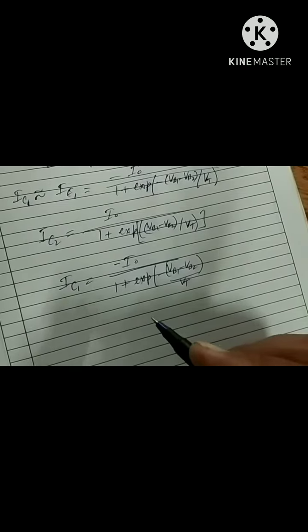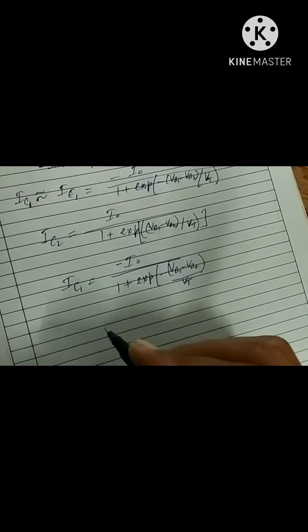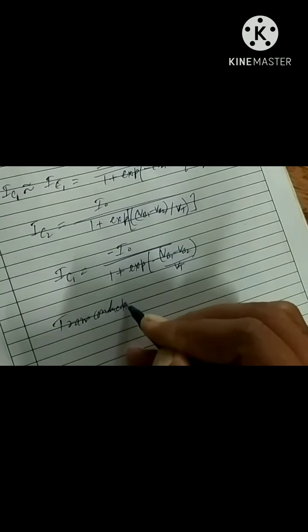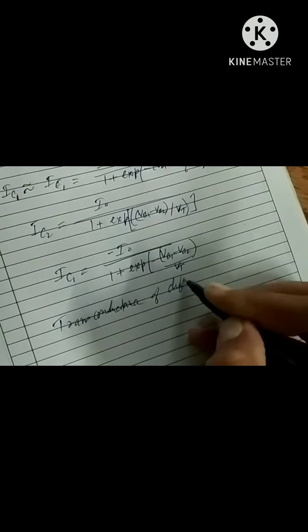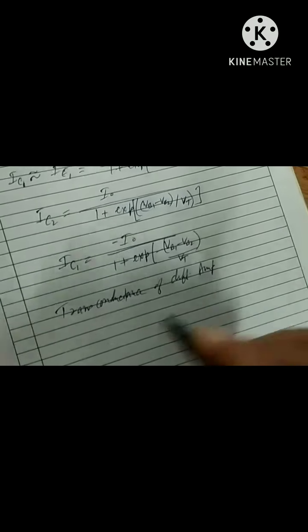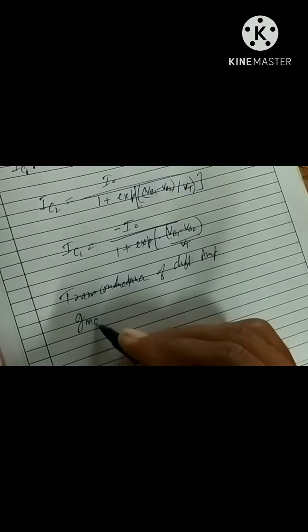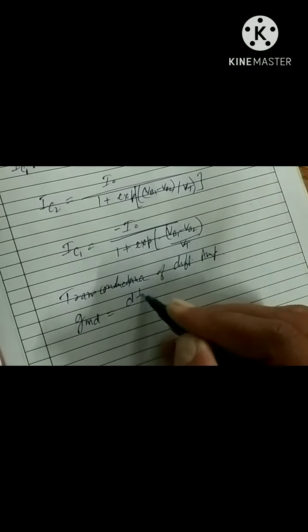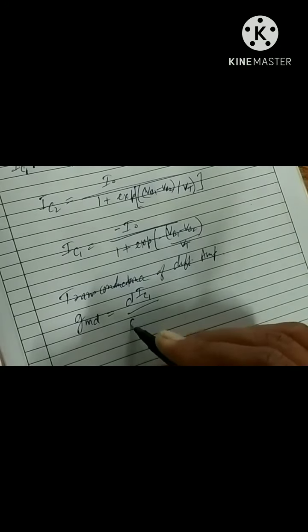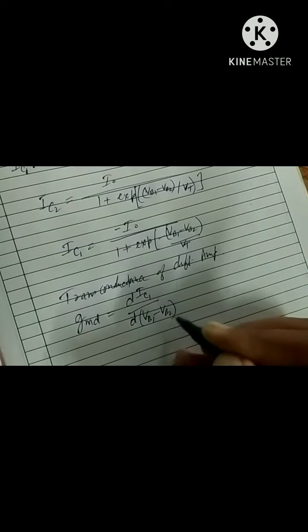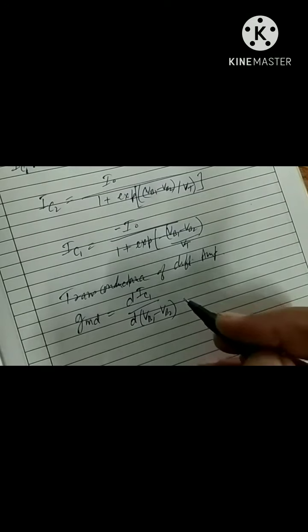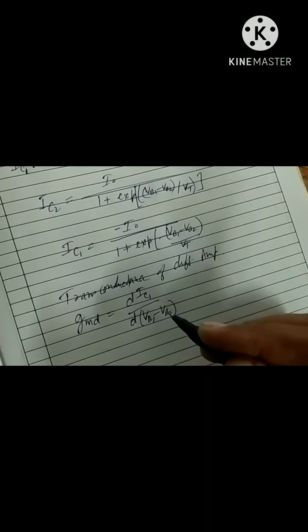We will evaluate now the transconductance of differential amplifier, which we can call GMD, and this is given by d IC1 over d VB1 minus VB2. We are differentiating this IC1 with the differential voltage VB1 minus VB2.